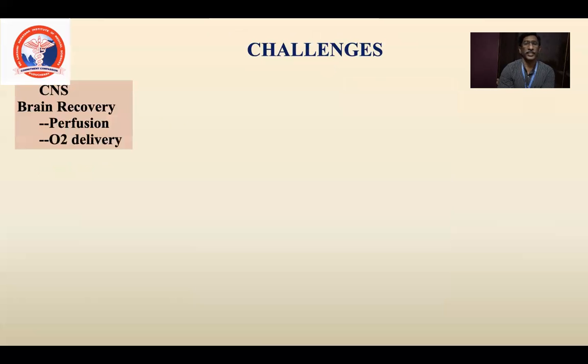What are all the challenges now? The patient is anesthetized. He has become unconscious and he has to become perfectly all right after surgery. For this, the central nervous system, that is the brain, should recover well. To recover, it should have adequate blood supply, and there should not be any disturbance in the oxygen delivery.